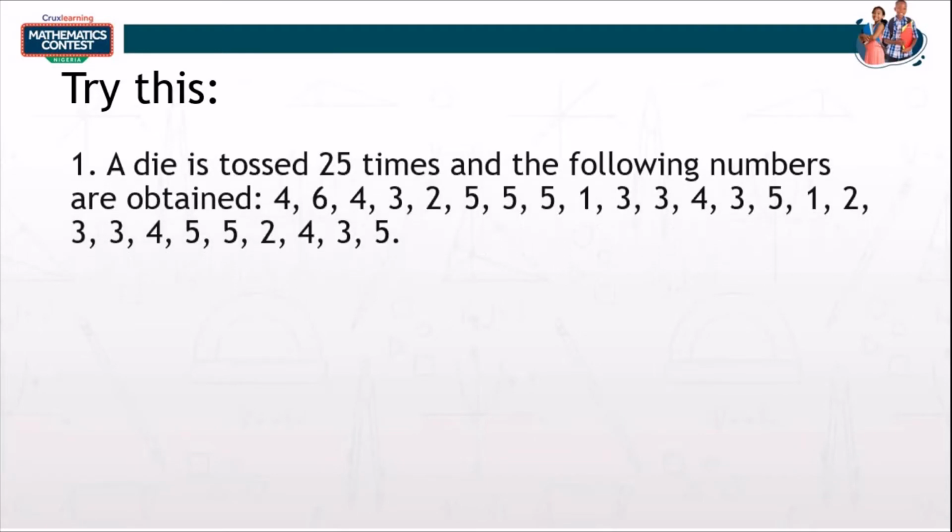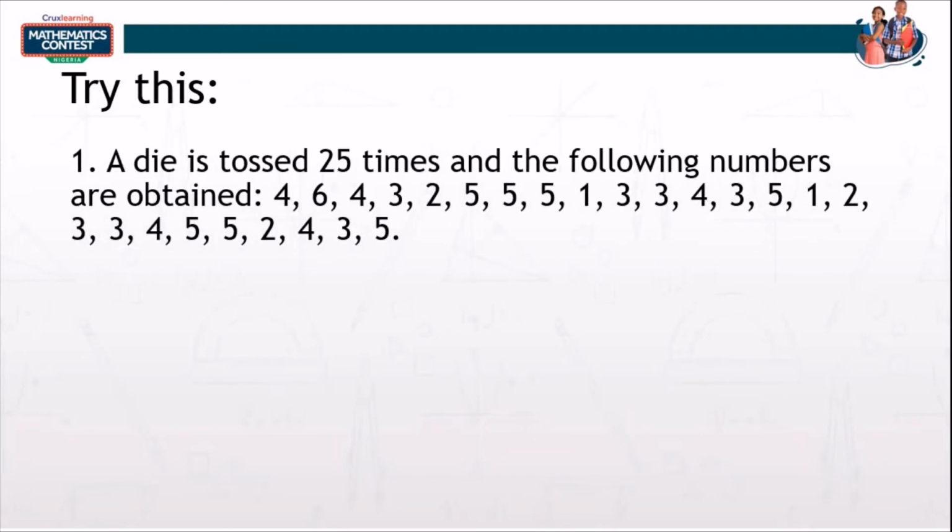I have an exercise for you. Can you try this? A die is tossed 25 times. You keep tossing for 25 times, and the following numbers are obtained: 4, 6, 4, 3, 2, 5, 5, 5, 1, 3, 3, 4, 3, 5, 1, 2, 3, 3, 4, 5, 5, 2, 4, 3, 5.